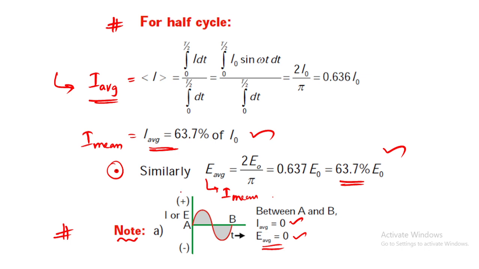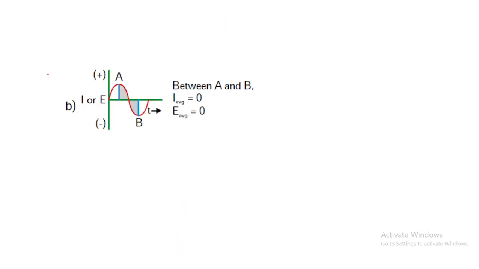Now this was the question they asked. If I check between A and B, the I average will become 0. This A is a maximum point here, and B is also a maximum point. So between maximum to maximum, the average value will be 0. Yes or no? So this would be forward EMF, this would be reverse EMF.